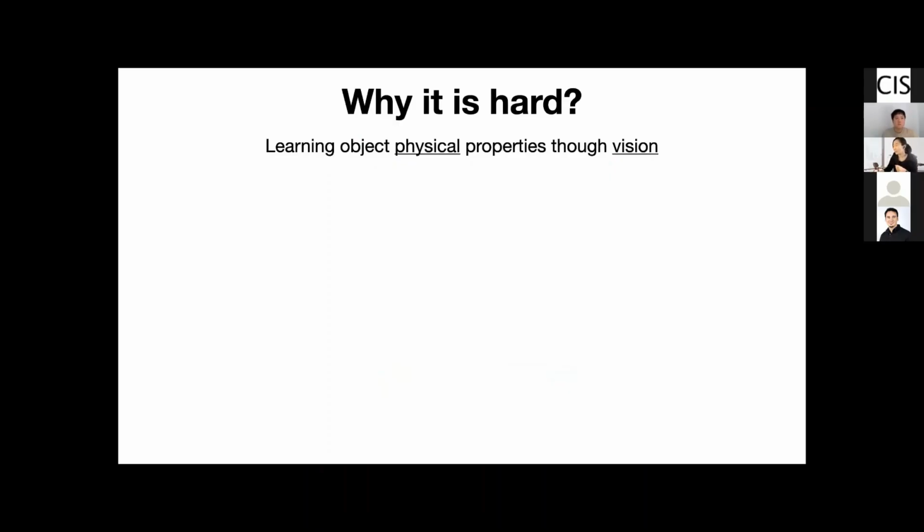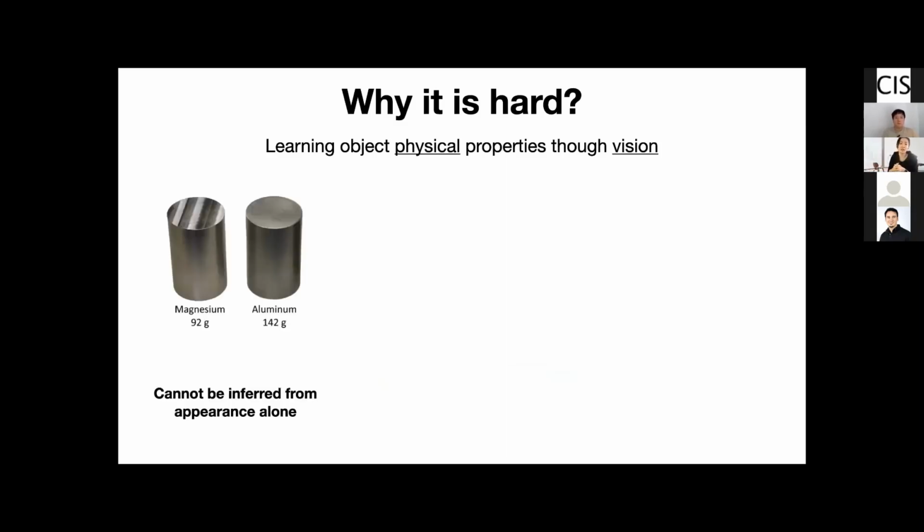That is why learning physical properties from vision data is quite a challenging task. One obvious reason is that most of those properties or attributes are not directly observable from visual data alone. For example, here are two metals made of very different materials with different density, but their appearance looks very similar.